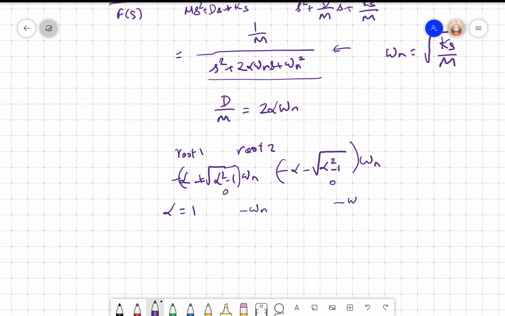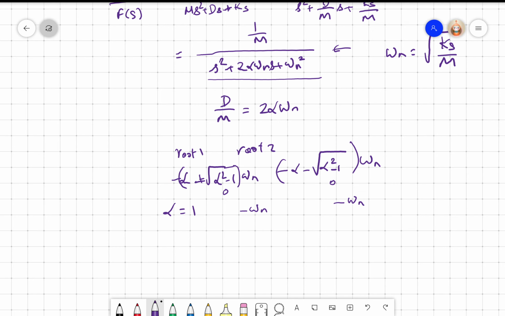This is also minus omega n, right? So if alpha equal to 1, then I get two roots exactly at the same value, minus omega n and minus omega n, right?